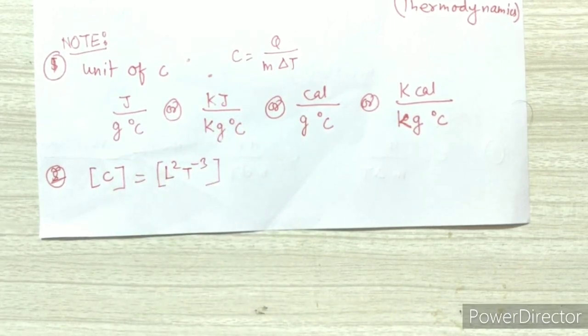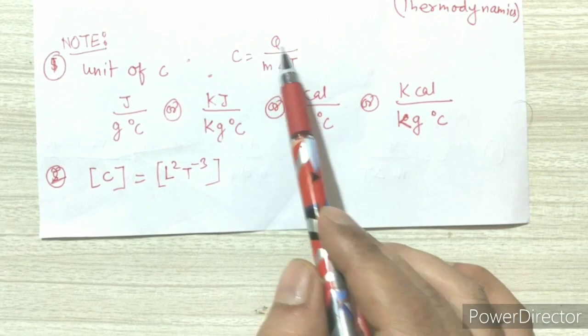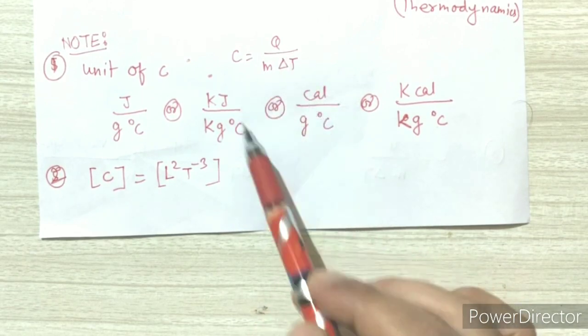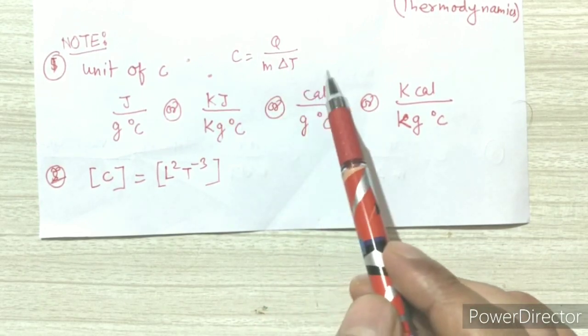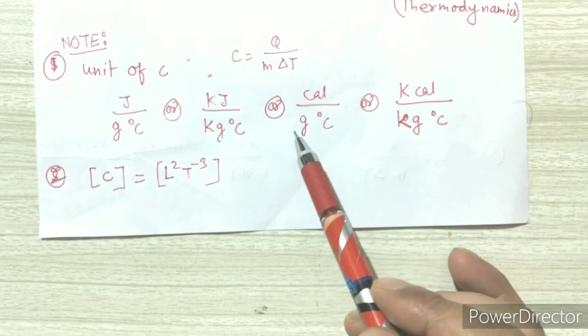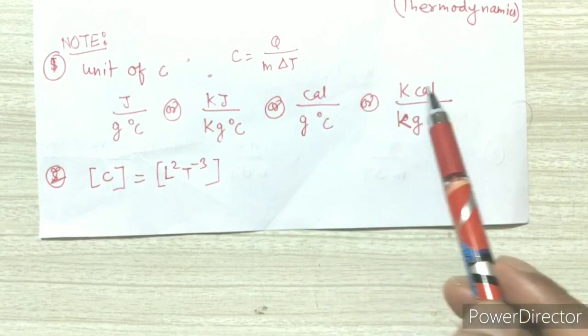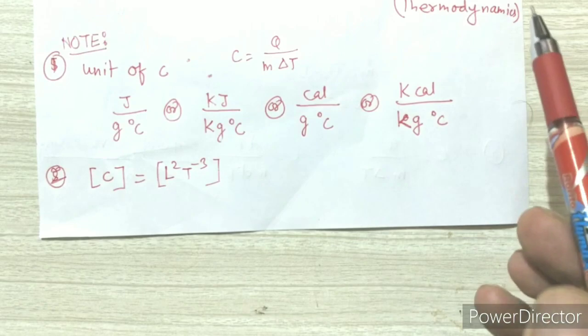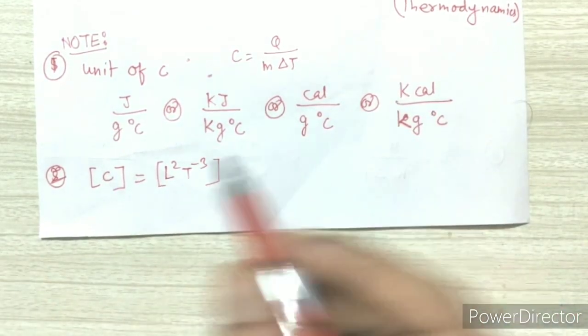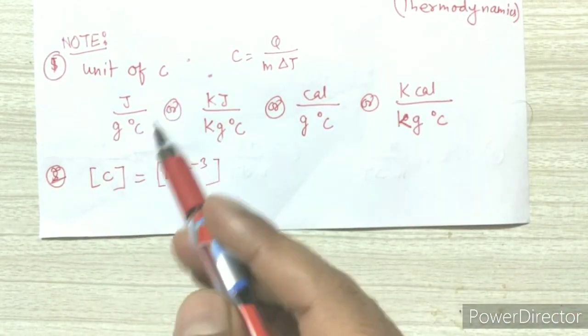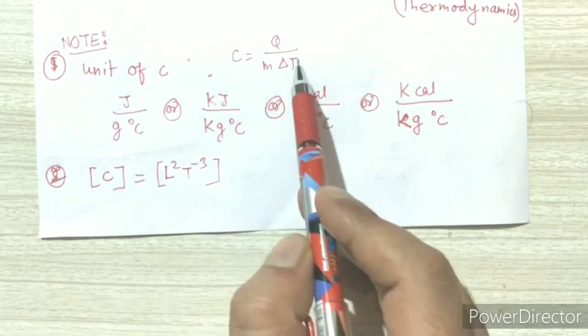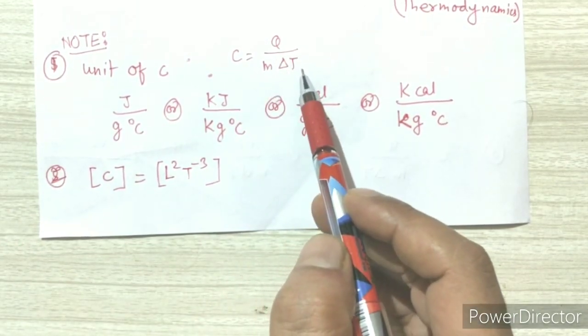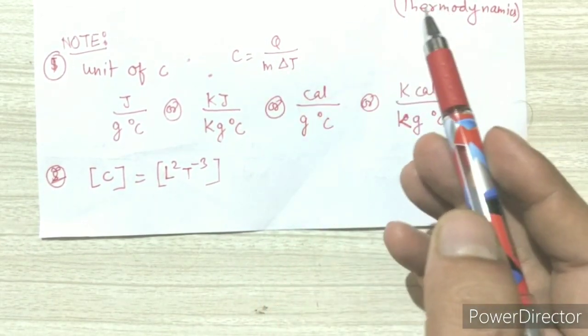If we measure heat in calorie, then the unit will become calorie per gram per degree Celsius. And again, if we multiply numerator and denominator by 1000, it will become kilocalorie per kg per degree Celsius. Listen very carefully. I told earlier that change in temperature delta T in degree Celsius is equal to Kelvin.